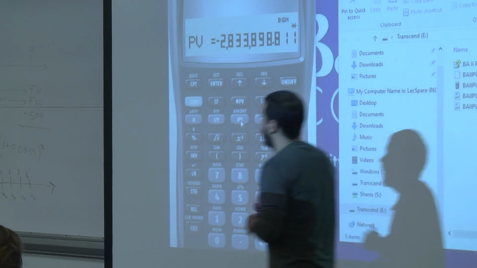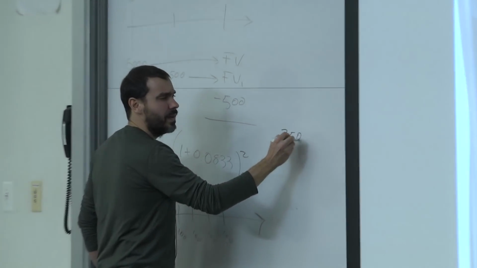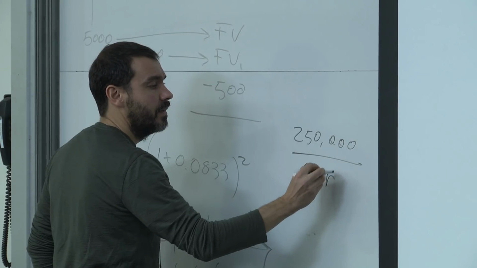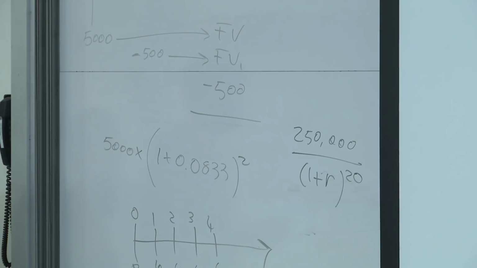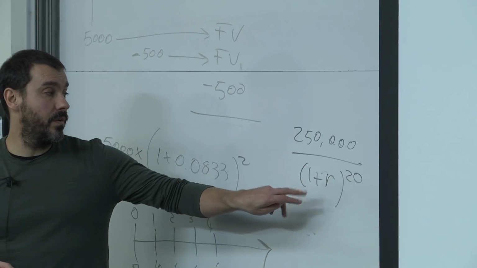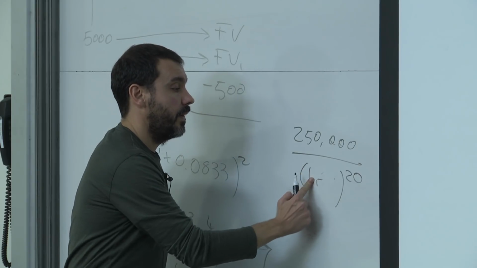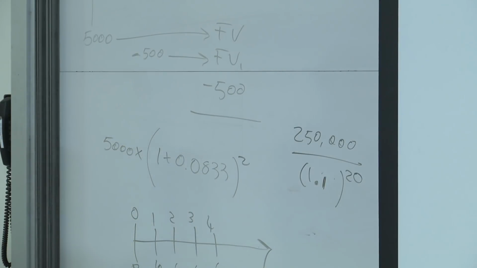Think about the last payment. The last payment is $250,000 divided by 1 plus r to the power of 20. So you understand that this is small because it gets divided by 1 plus r to the power of 20. But do you understand the intuition behind it?